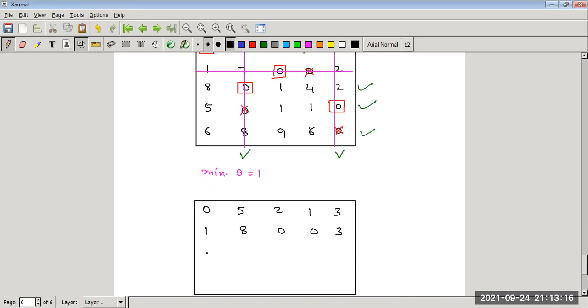Now 8 becomes 8 minus 1, it becomes 7. 0 remains 0, 1 becomes 0, 4 becomes 3, 2 remains 2. 5 becomes 4, 0 remains 0, 1 becomes 0, 1 becomes 0, 0 remains 0. 6 becomes 5, 8 remains 8, 9 becomes 8, 6 becomes 5, 0 remains 0.